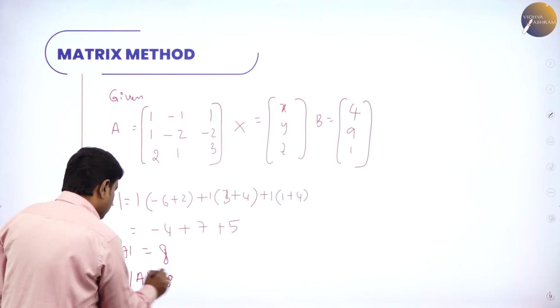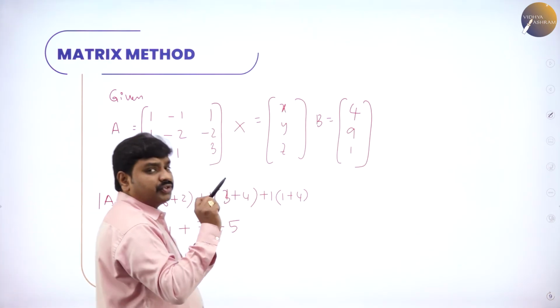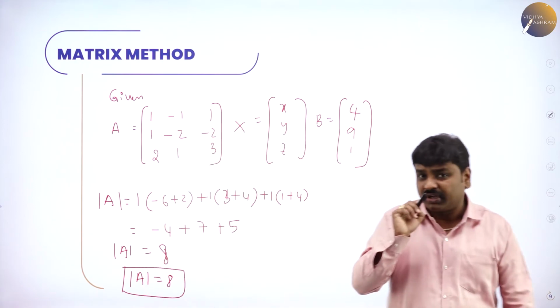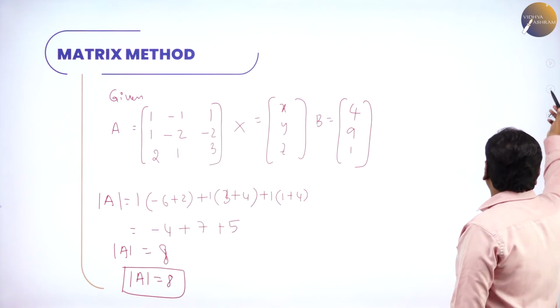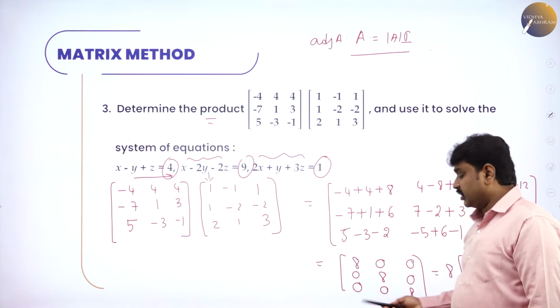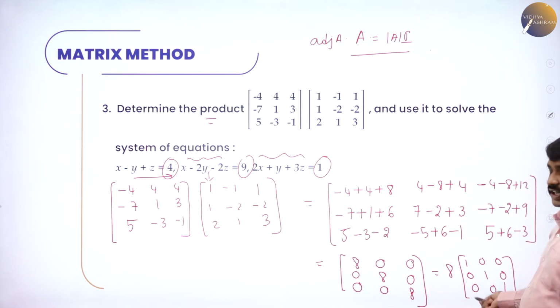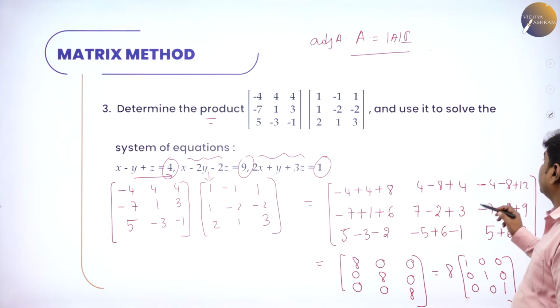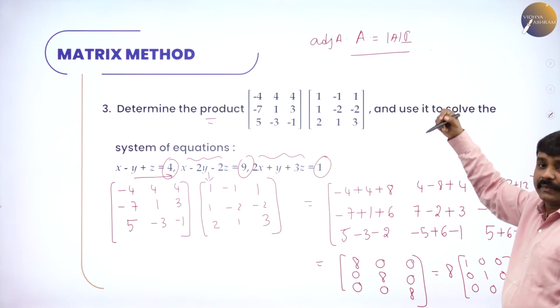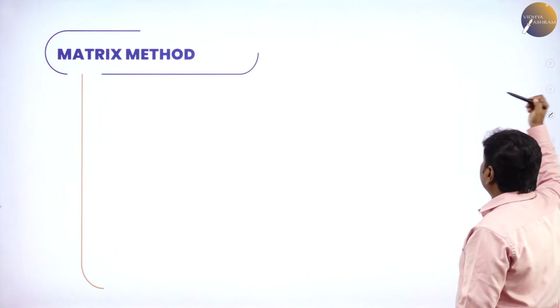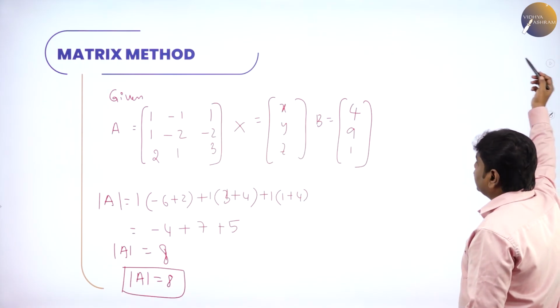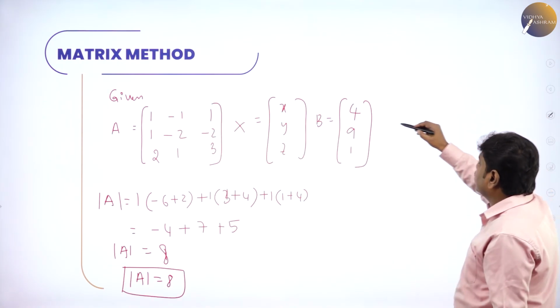Now we have interesting results. If you observe, we got the product of these two as 8 times identity, and we got the determinant as 8. So therefore I can use a simple technique.